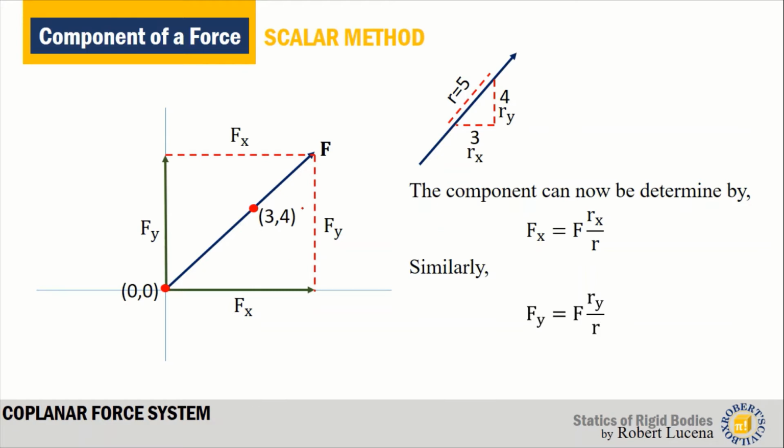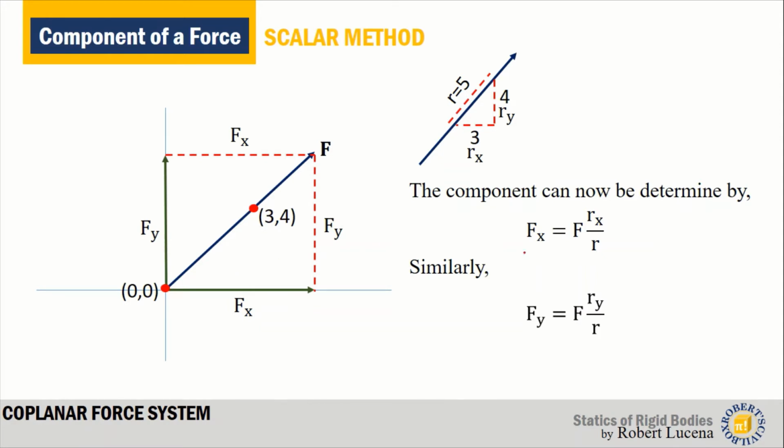So if a vector is defined by its points, or by where it passes, we can get the components by analyzing its slope. First we get the slope: the run equals 3 and the rise equals 4, depending on the inclination of the force. Then you simply get the hypotenuse of that slope.